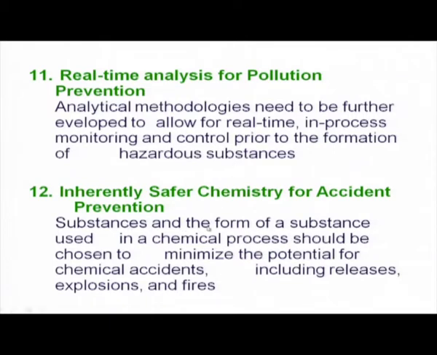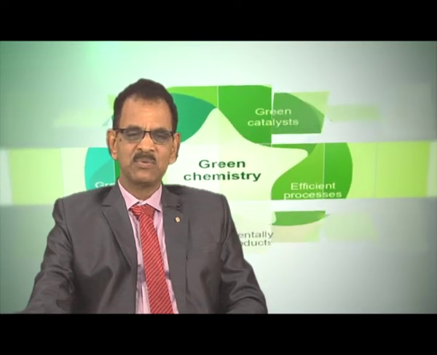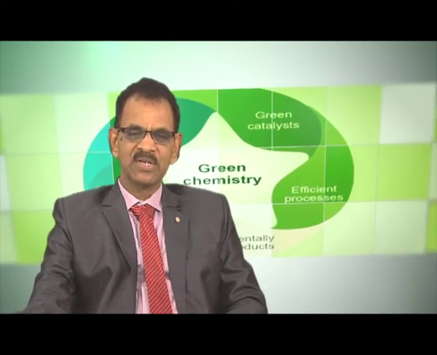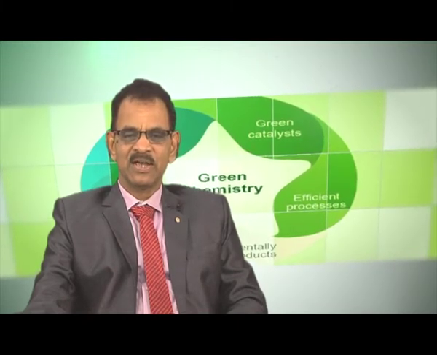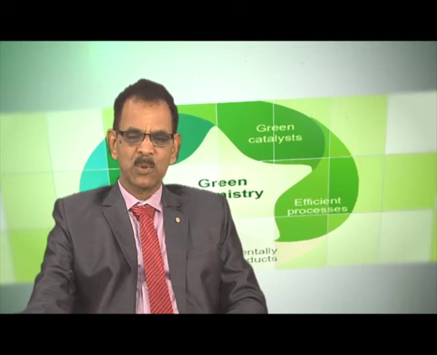That is, substances and the form of substances used in a chemical process should be chosen to minimize the potential for chemical accidents, including releases, explosions, fires, etc. possible using certain chemicals. So, these types of things should be paid attention to, and if possible such chemicals should not be used in the synthetic process. If unavoidable, then all kinds of safety measures should be taken to minimize the accidents.